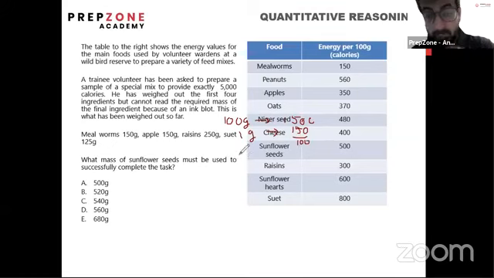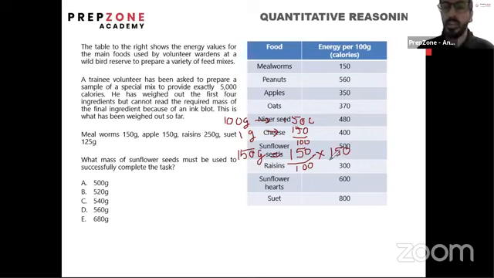So 150 grams is 150 by 100 into 150. So we formed an equation to find how many calories in 150 grams of mealworm.